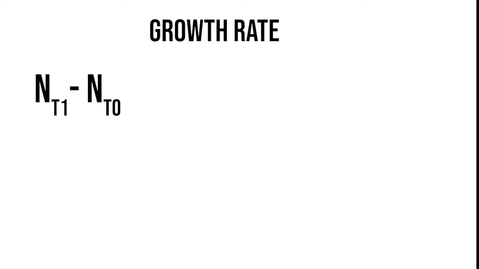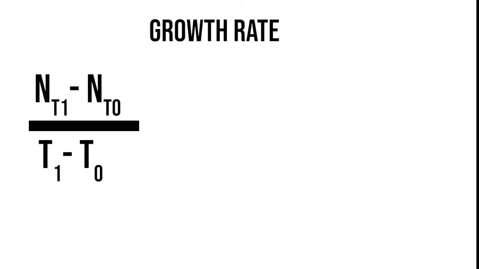Or it could be at T2 minus T1 or T3 minus T2. It's always going to be the current time minus the previous time. And then delta T is going to be the actual time difference. Now here it's easy for us because the time difference is not minutes and hours on a clock, but rather total time.